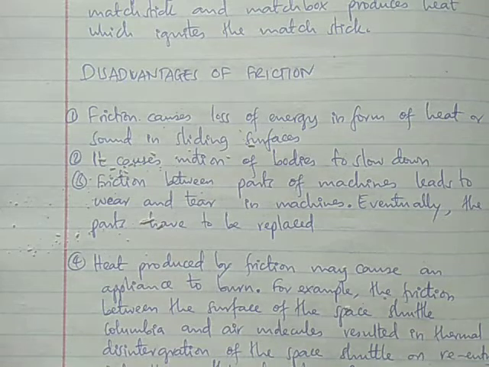Yani kuna sound inatoa, so that sound manake kuna energy inakuwa lost pale. And in many cases tunajua kwamba energy is not created or destroyed, but it can be converted from one form to another. So even in many cases in normal life phenomena, the energy is lost through frictional force.